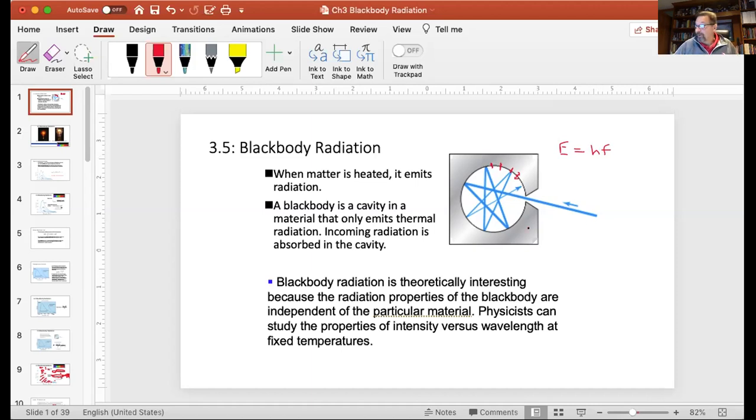So all around here, in all 3 dimensions of this cavity, there are little oscillators at the surface which are vibrating, and that's where the total energy is coming from. That ultimately is the radiation, the thermal radiation. Okay, was that what your question was?